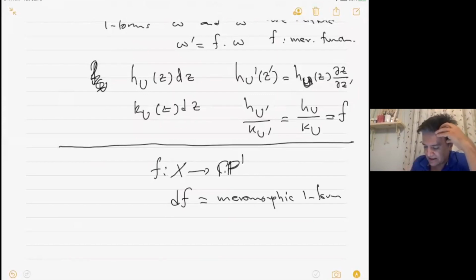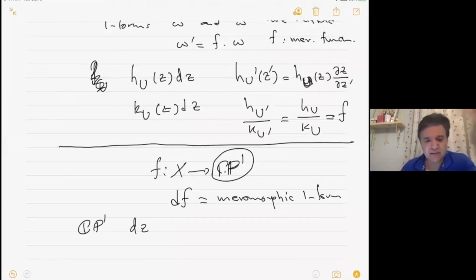And what is df? Well, you have such a meromorphic one form on CP1: dz. So think of the coordinate z on the complex numbers, and dz is a meromorphic one form. Well, it's never zero on C, and it doesn't have any pole on C, but at infinity it does actually have a pole. How do we see such a pole? Well, you have to use the change of variables.